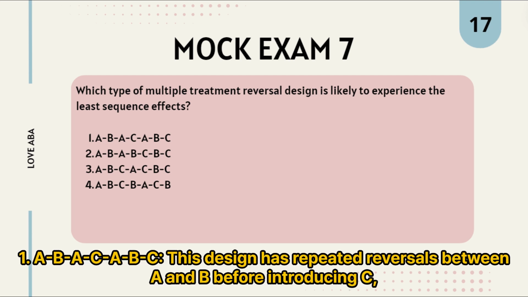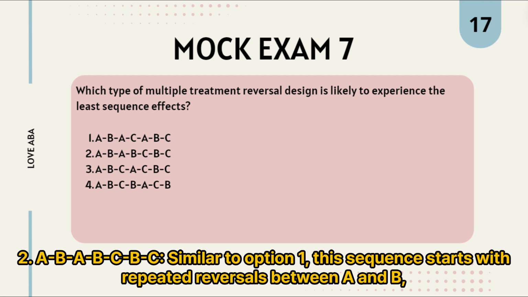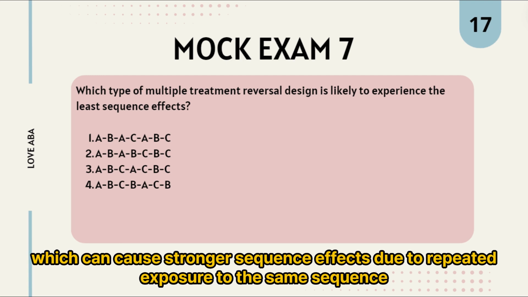1. ABC. This design has repeated reversals between A and B before introducing C, which can reinforce sequence effects related to A and B. 2. ABC, similar to option 1. This sequence starts with repeated reversals between A and B, which can cause stronger sequence effects due to repeated exposure to the same sequence. 4.